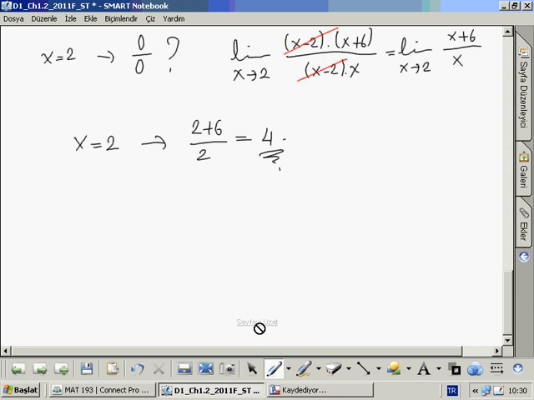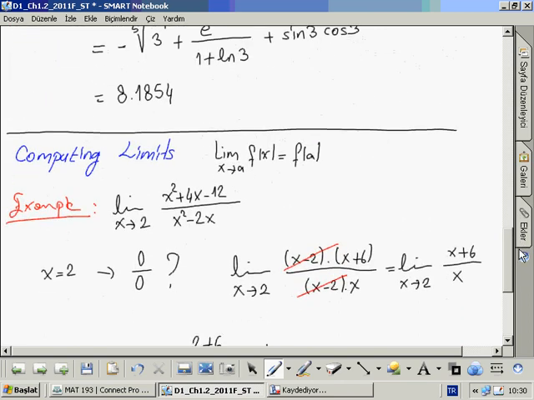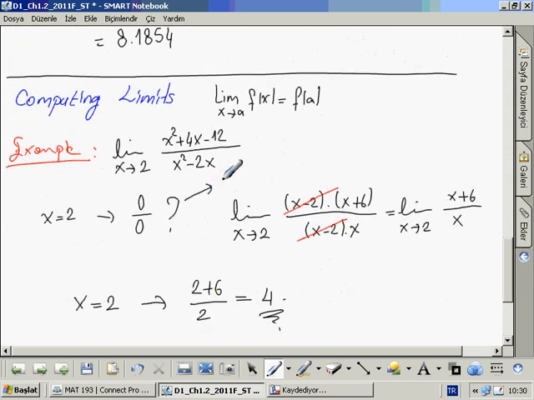And on a side note, the 0 over 0 we initially got in the previous example is called an indeterminate form, okay? This means that we don't really know what it will be until we do some more work, okay?